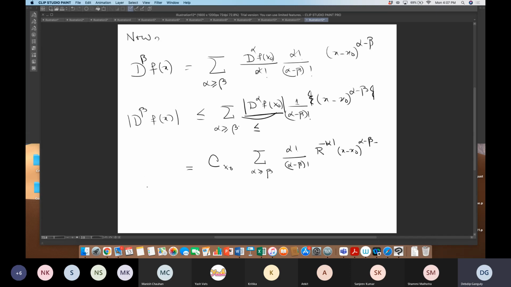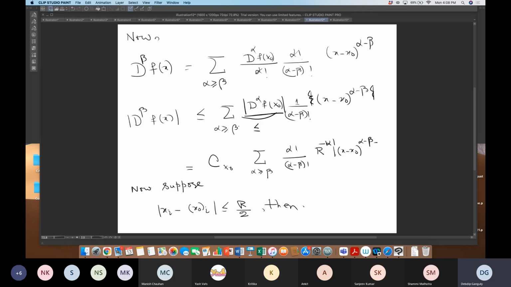Now suppose |xi minus x naught| is less than or equal to r by 2. Then |d beta f of x| is less than c x naught.